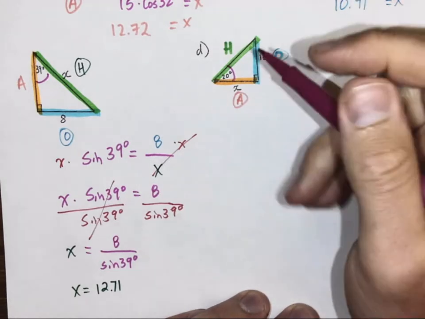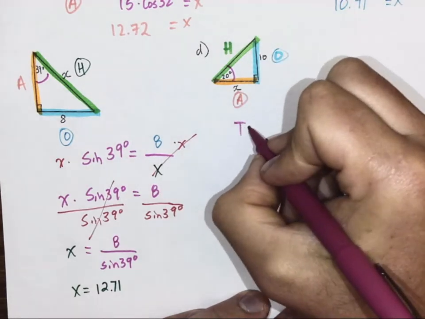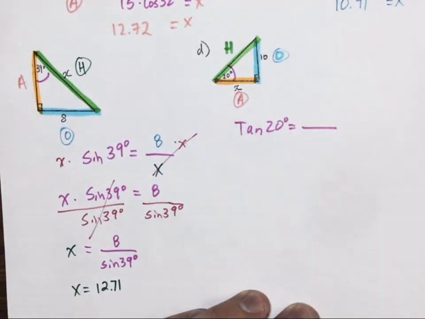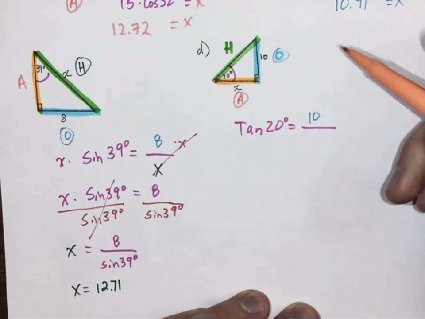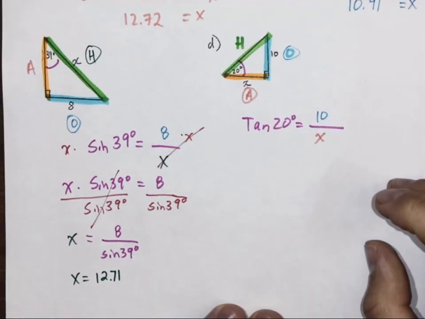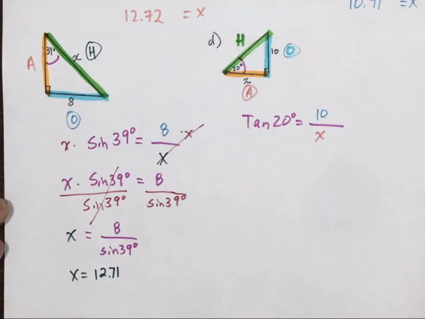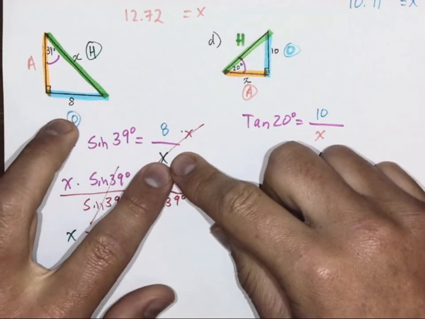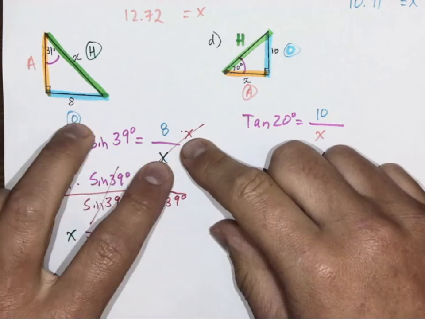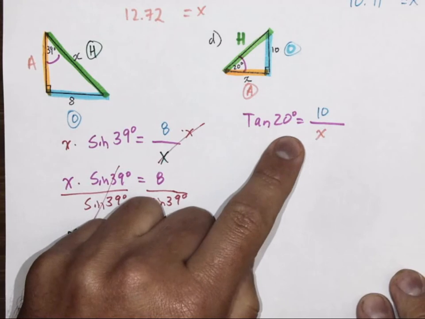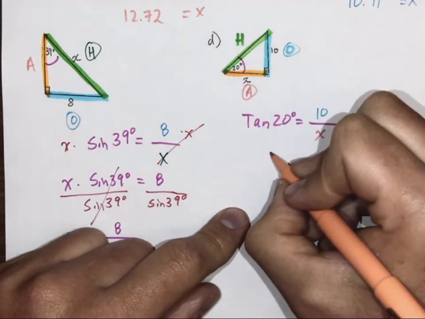Okay, we're going to use tan, TOA. Tan of 20 degrees equals O, the value of the opposite side, over A, the unknown of the adjacent side. So if we think about when it was on the bottom, it switched spots with the top of the left, right? They switched spots.